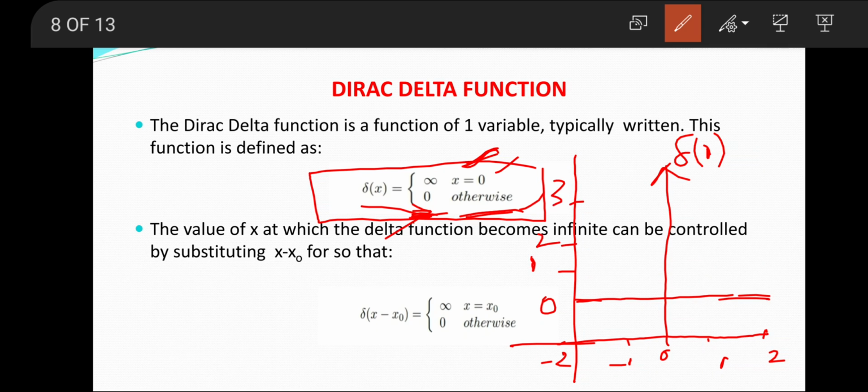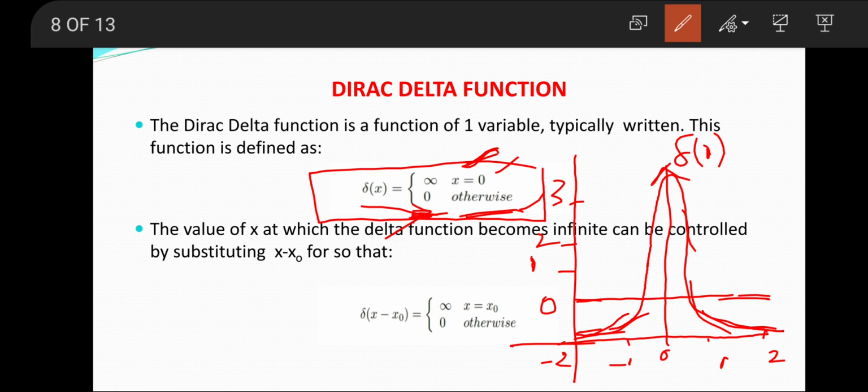I hope everyone is understanding this graph. This is the delta function, one of the waveforms.